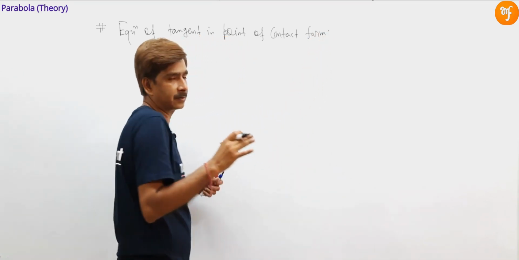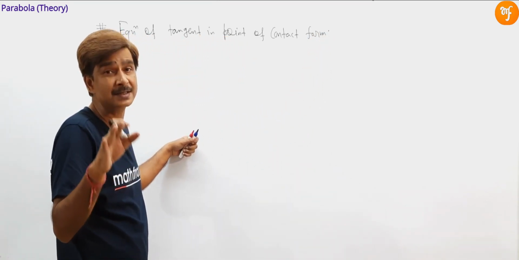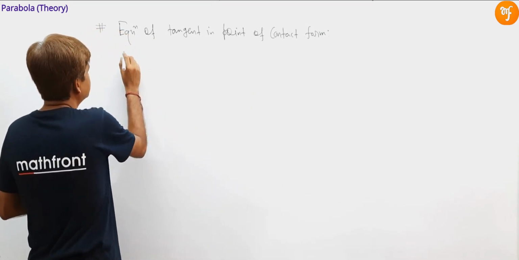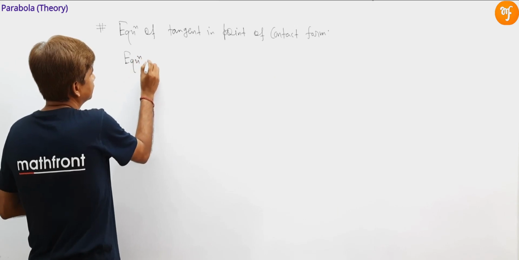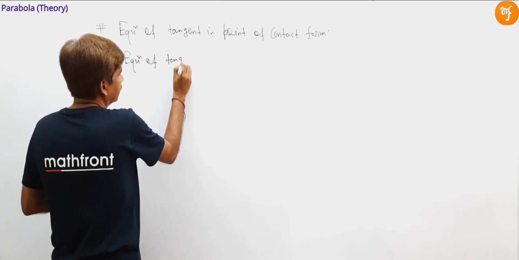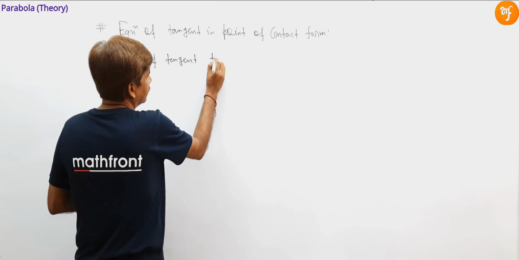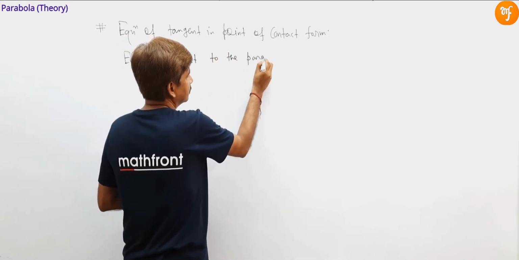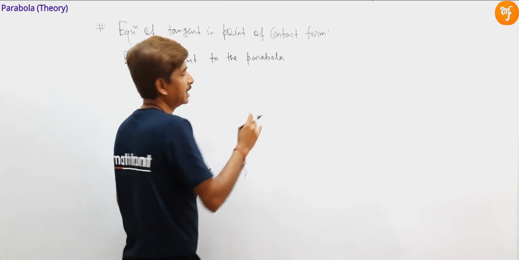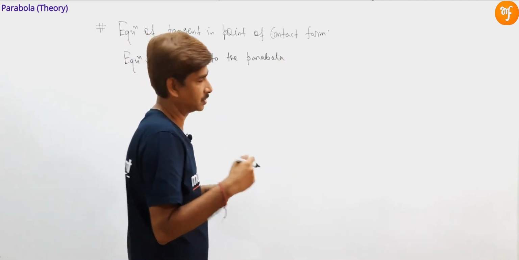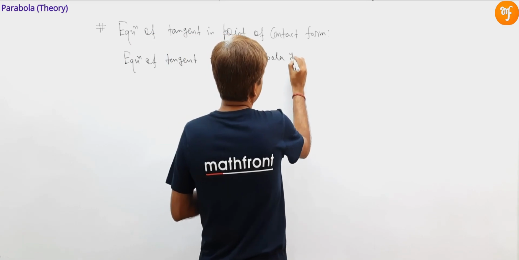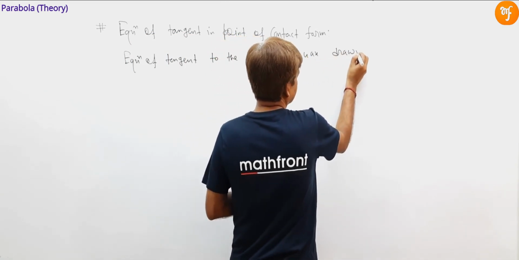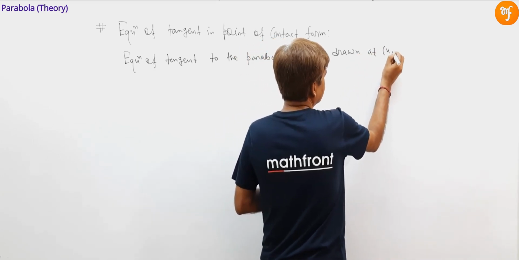So point of contact form means the point of contact is given. So equation of tangent to the parabola. The parabola is y square is equal to 4x we are considering. So parabola y square is equal to 4x drawn at x1 comma y1.